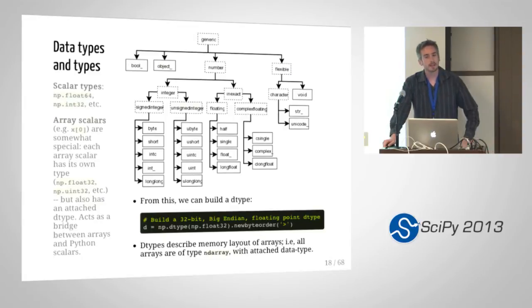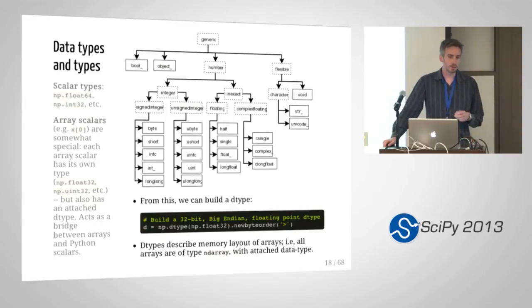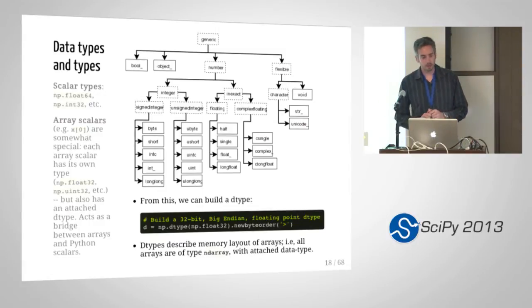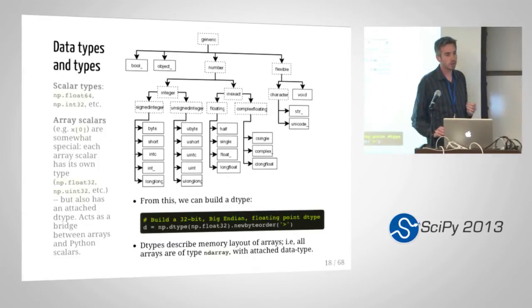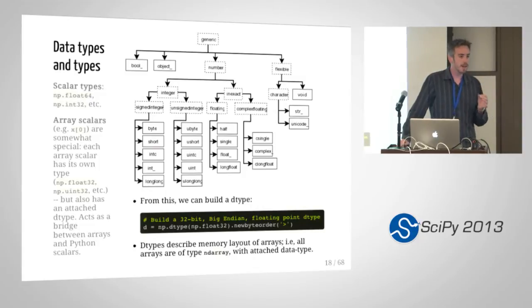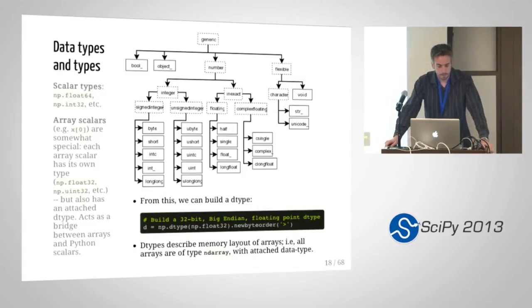The array scalars are somewhat special. That's what you get when you draw a single element from an array. If you have a vector called x, and you extract a single element from there, then you get back what we call an array scalar. Now, an array scalar is somewhat strange.